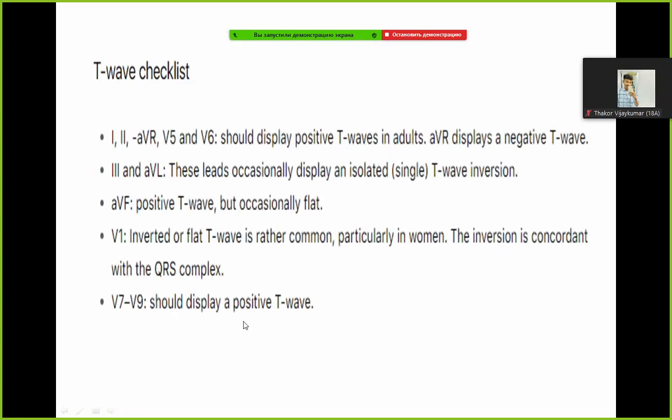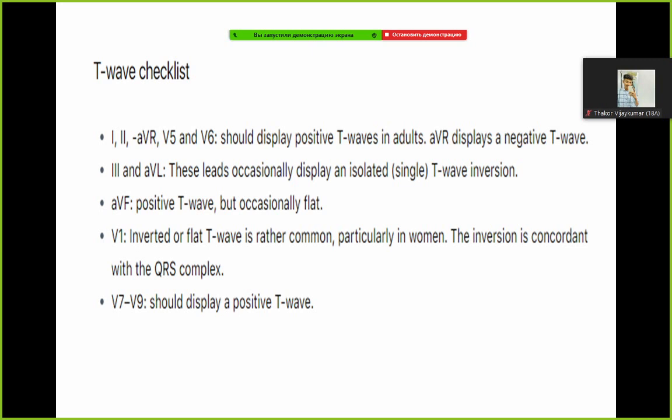T wave. Some words about the T wave. Assessment of the T wave represents a difficult but fundamental part of ECG interpretation. The normal T wave in adults is positive in most precordial and limb leads. The T wave amplitude is highest in V2 and V3 chest leads.